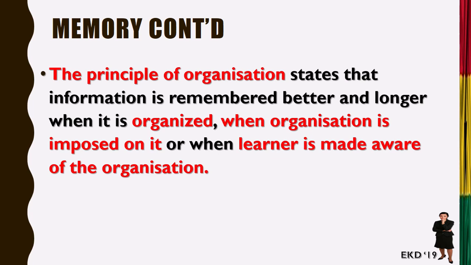So that you have imposed an organization on it. Or you can make learners aware of the structure. In this lesson, we are going to learn this, this, and that. That way, it settles the learner's mind and he or she is able to follow and learn.